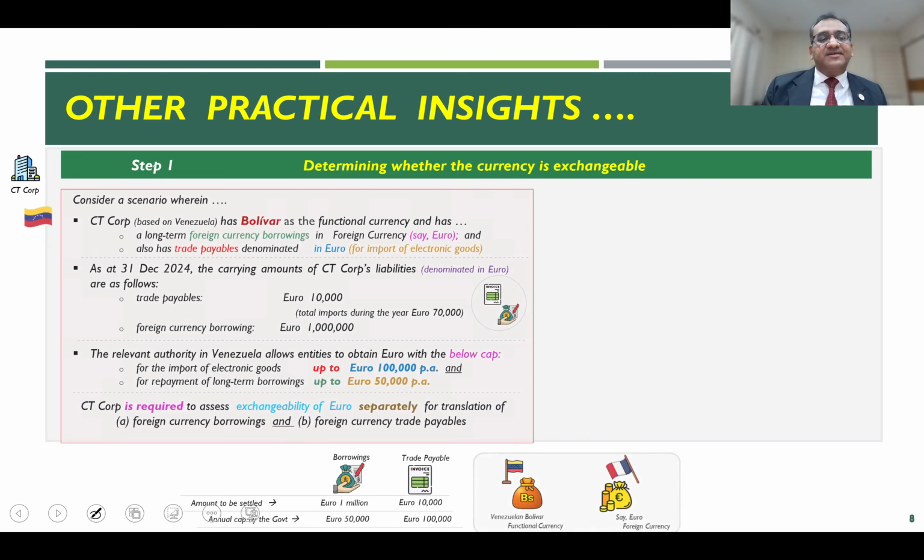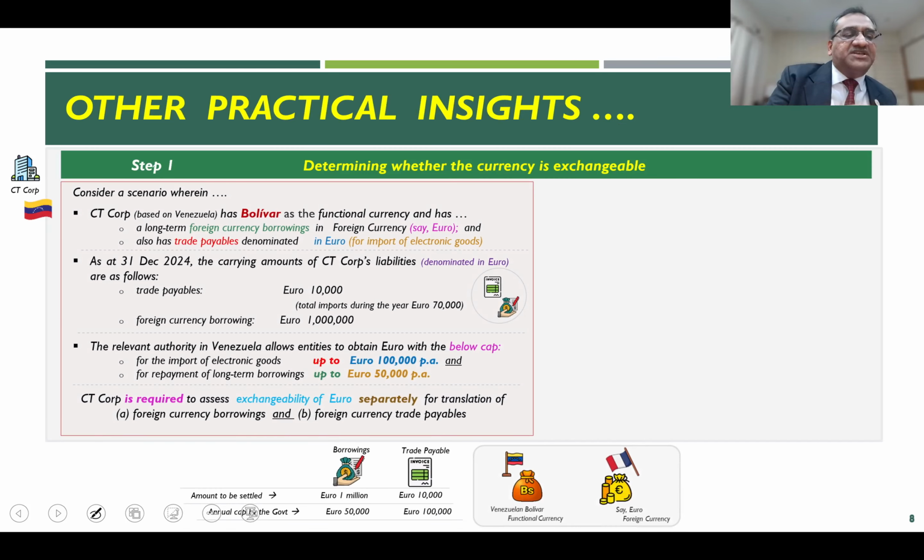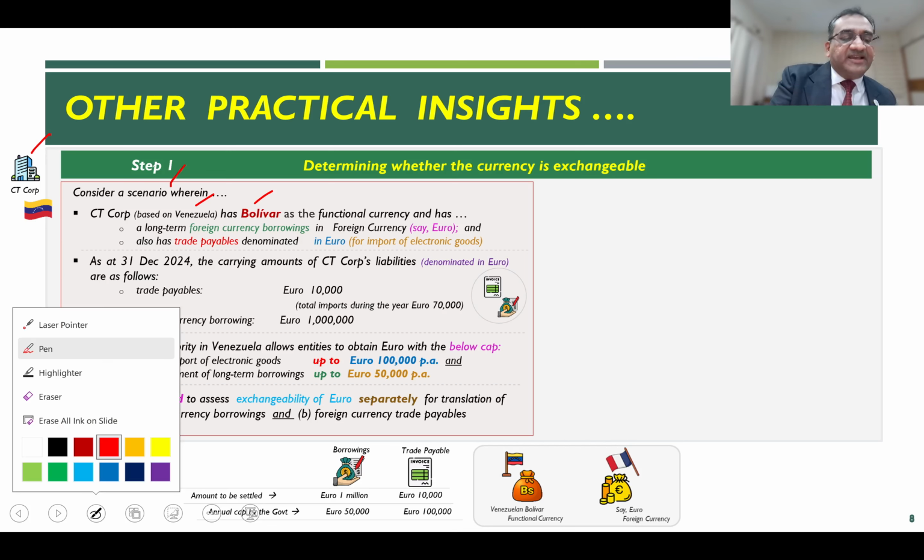So in this case, assume a similar scenario to the one we just portrayed. Consider a scenario wherein Citicorp, which is based in Venezuela and has Bolivar as its functional currency, has 2 items on the balance sheet.